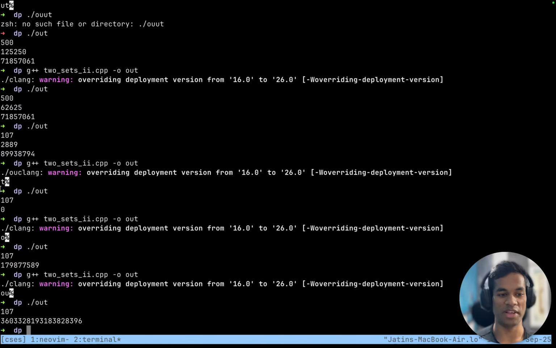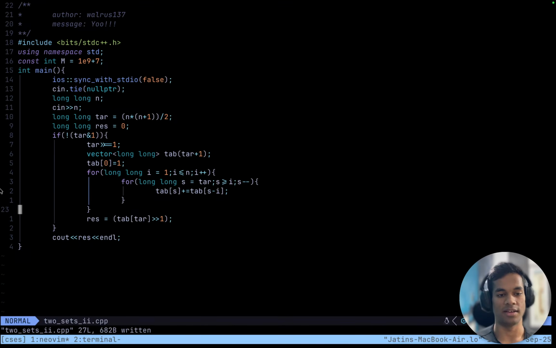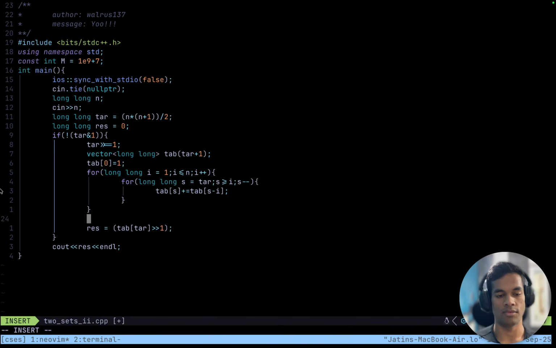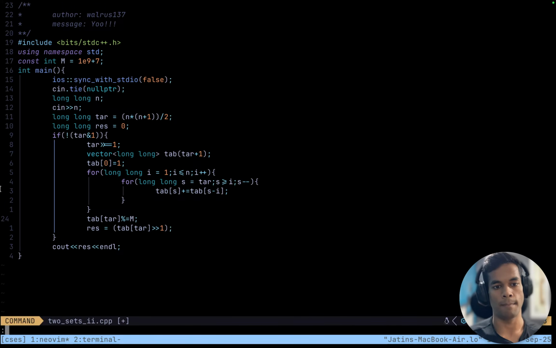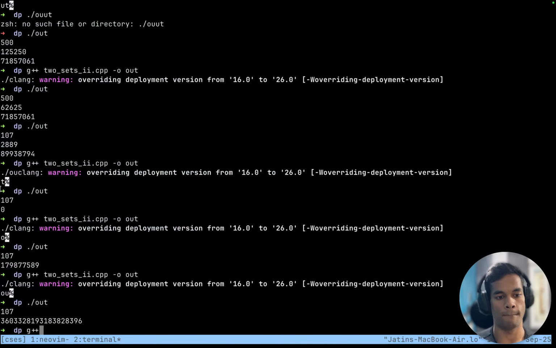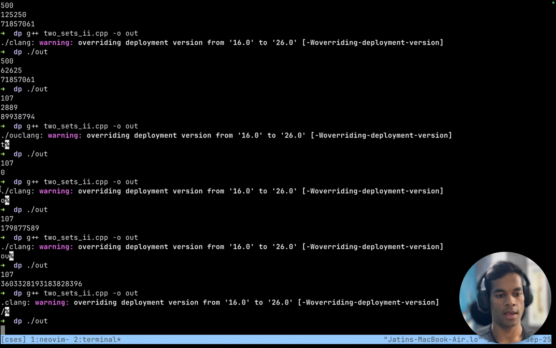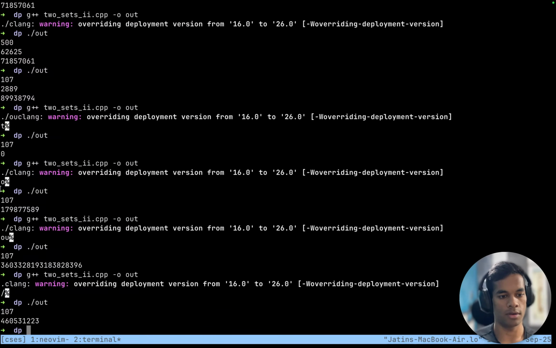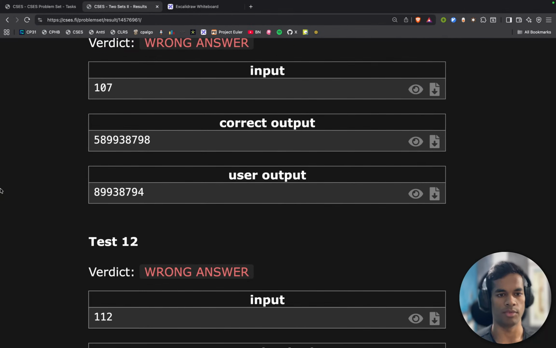Now the number is pretty big, right? And if we take tab star remainder with m before returning 10^7. Wait, we are getting something totally new, because it might have overflowed before.